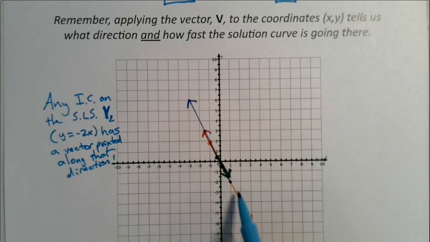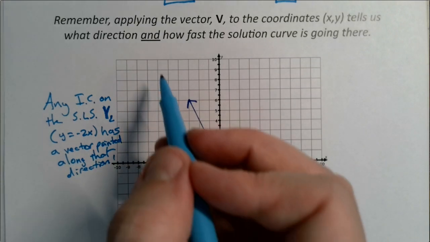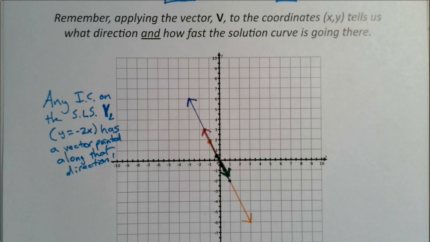And so that's true. If you go out here and you choose any value over here or up there, you'll find out that they all have vectors. They all produce vectors that are along this line.